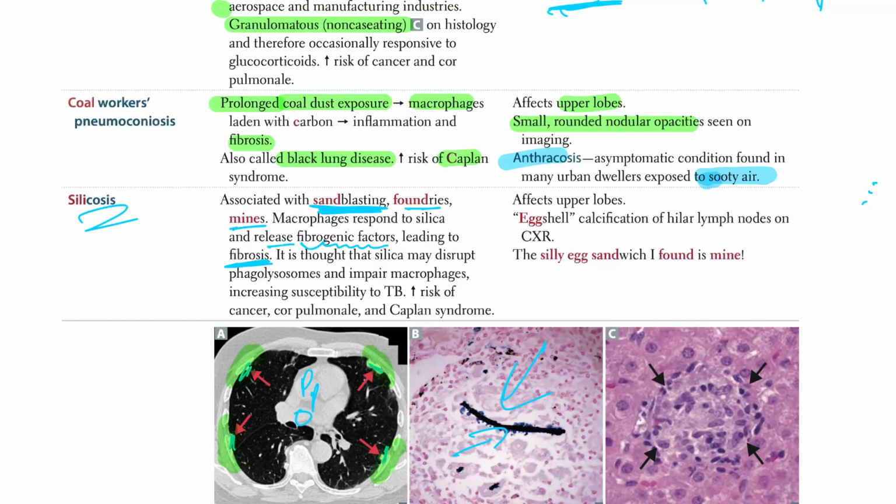It is thought that the silica may disrupt the phagolysosome and impair macrophages, increasing susceptibility to tuberculosis, increased risk of cancer, cor pulmonale, and Kaplan syndrome. Affects upper lobes. You will see eggshell calcification of the hilar lymph nodes on chest x-ray.